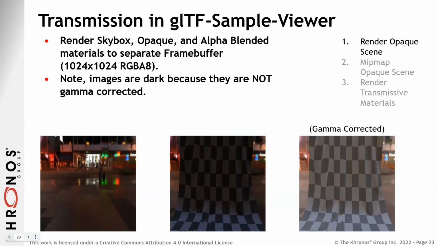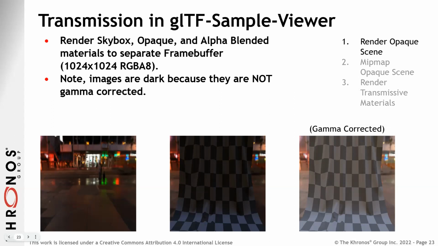As I walk through this frame capture, I've included a high-level overview of the steps required off to the right. In summary, we're doing what's common for screen space refraction, where we capture this opaque scene into an off-screen texture. We'll mipmap that texture to get all these various resolutions of that.